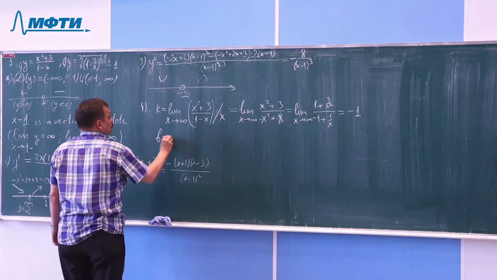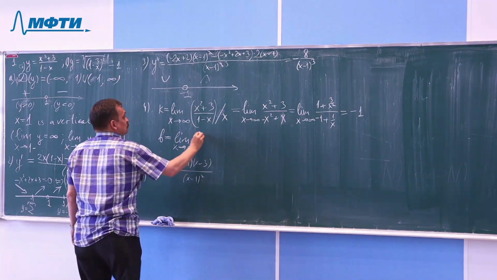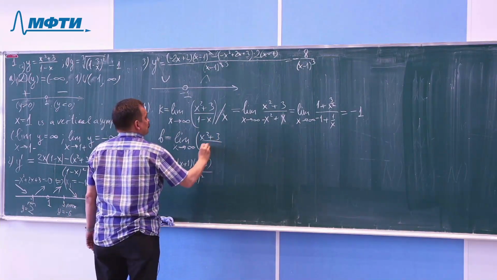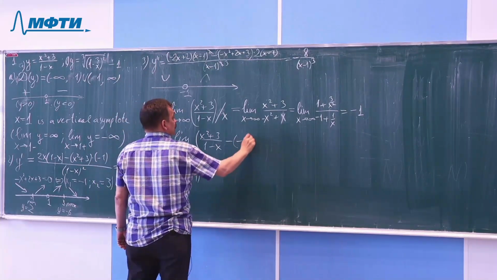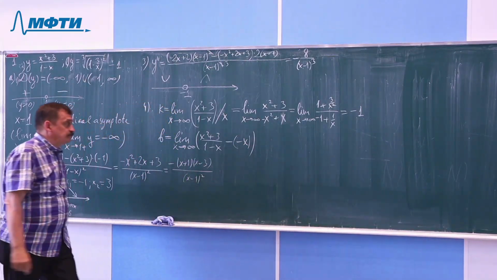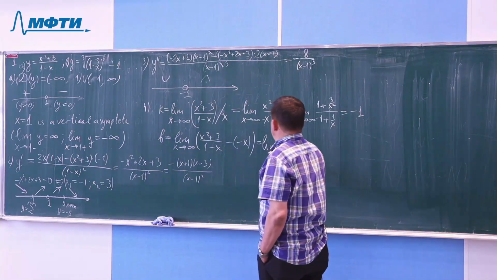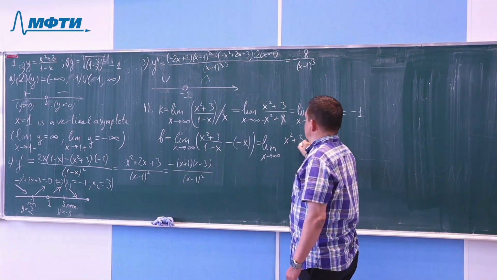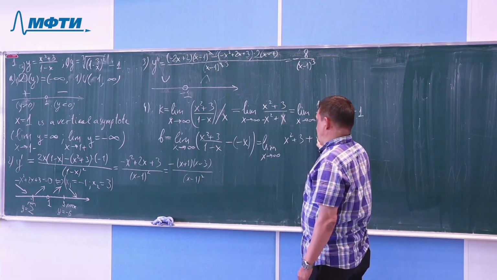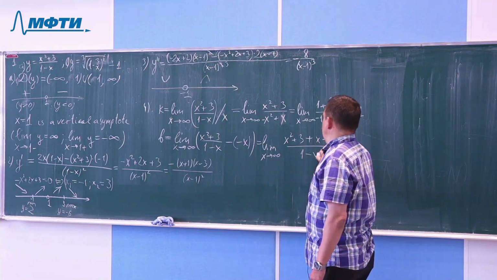After that, b is the limit as x tends to infinity of our function minus kx. It means we have to compute the limit of (x squared plus 3 plus x minus x squared) over (1 minus x).